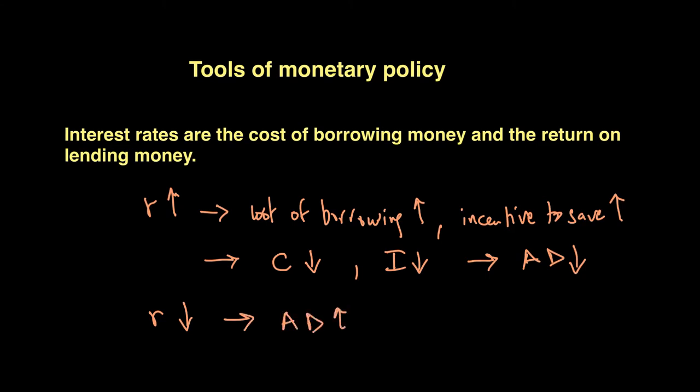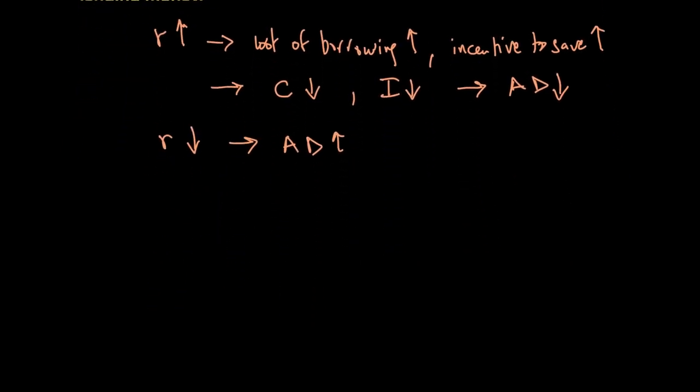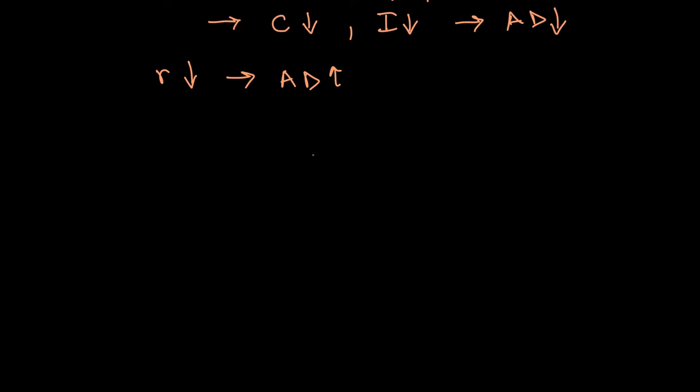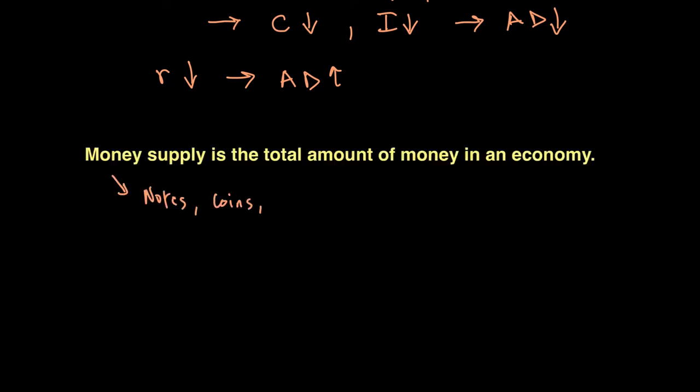Now, the other aspect we can talk about is money supply. Money supply is simply the total amount of money in an economy, and this can be taken as notes and coins or any easily accessible accounts like your current accounts in the banks, which do not give you interest.